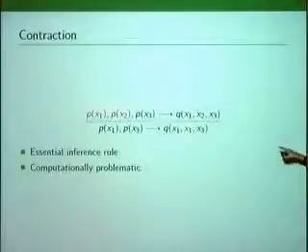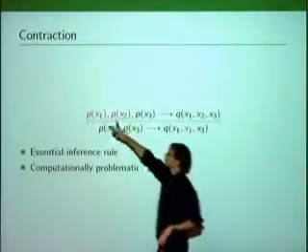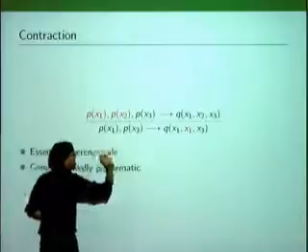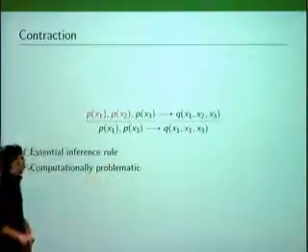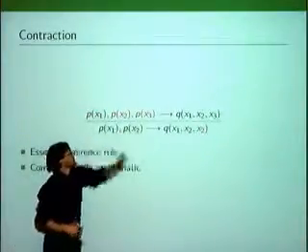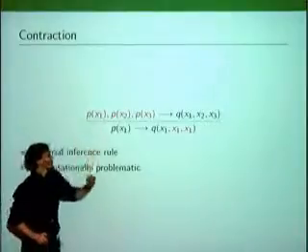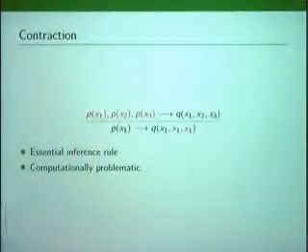We can choose to contract these two, which would unify x1 with x2, yielding this sequent. Or we could choose to unify these two. Or we could choose to unify all three. And these all lead to three different sequents that are not comparable in a subsumption relation.